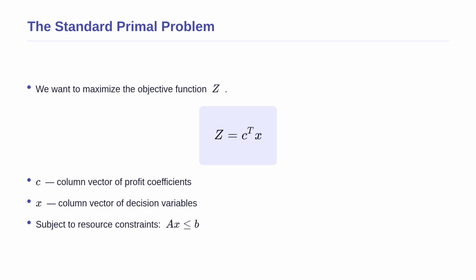This maximization is subject to constraints, written as matrix A times X is less than or equal to vector B. Matrix A is the resources needed, and B is the maximum resources available. If we increase our available resources in vector B, our maximum possible profit Z can also increase.